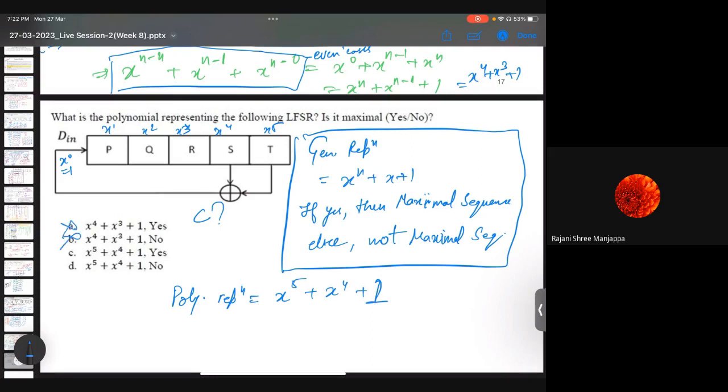So these two are eliminated, and since it is not equal to x to the power 5 plus x plus 1, it is not a maximal sequence. So the correct answer would be option D. Is it fine? Yes, sir.